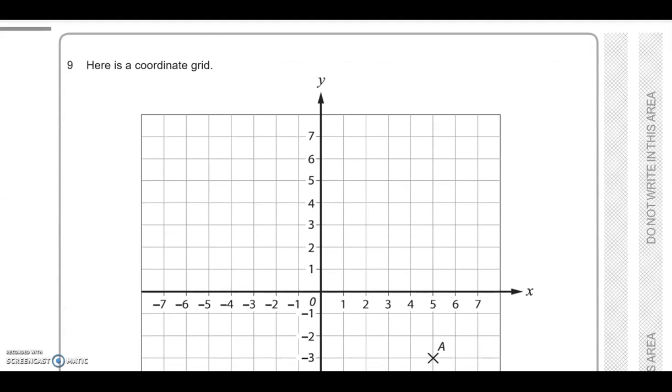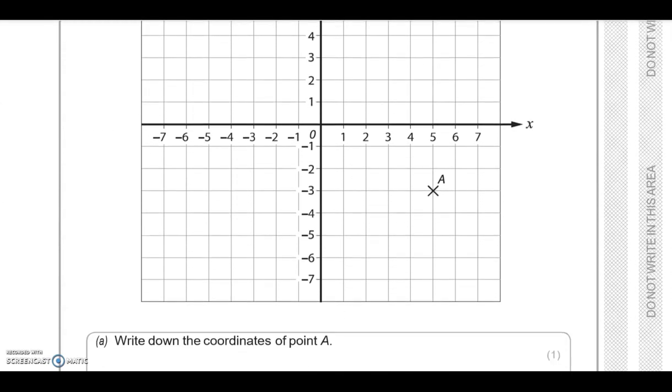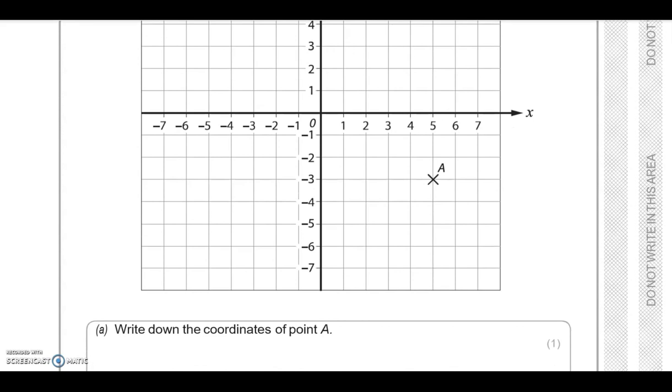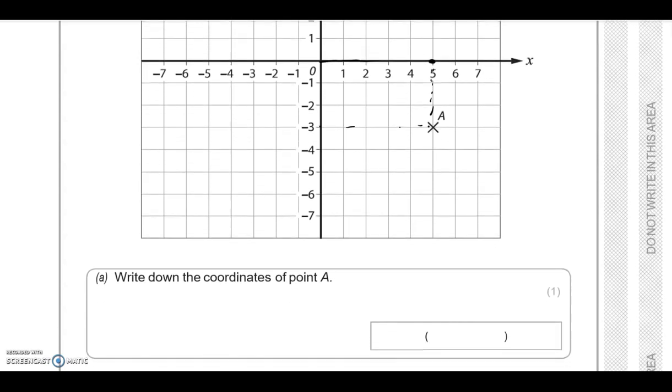Here is a coordinate grid. Write down the coordinates of point A. Okay, so we'll start with the x-axis, so that is 5, and then -3. So I'll write 5, -3.